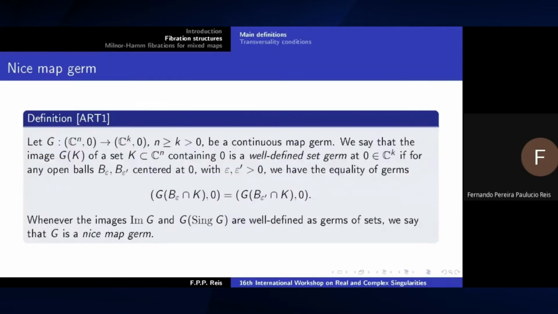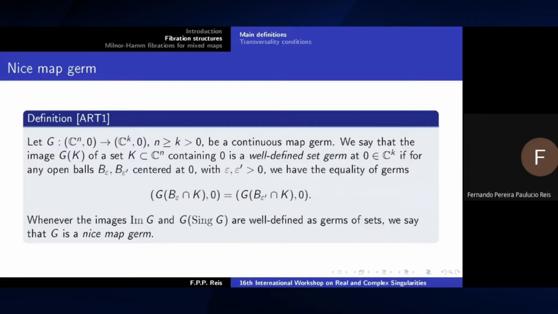Let g from C^n to C^k be a continuous map germ. We say that the image g(K) of a set K containing 0 is a well-defined set germ at 0 if for any two balls centered at 0 we have the equality of germs given by this equation.